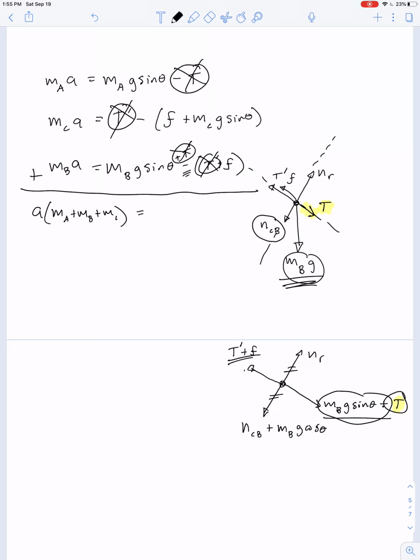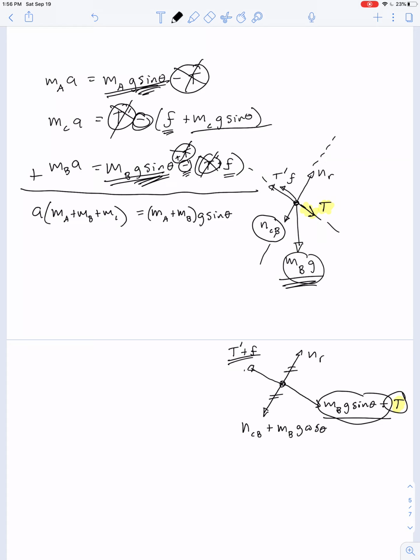So we have, in the direction of motion, two positive forces. We have MA plus MB quantity times G sine theta. And then we have minus F, another minus F, and a minus MC G sine theta.